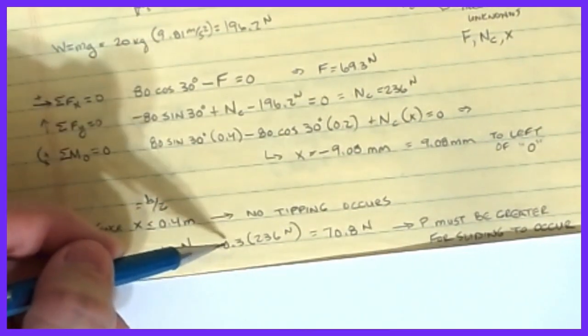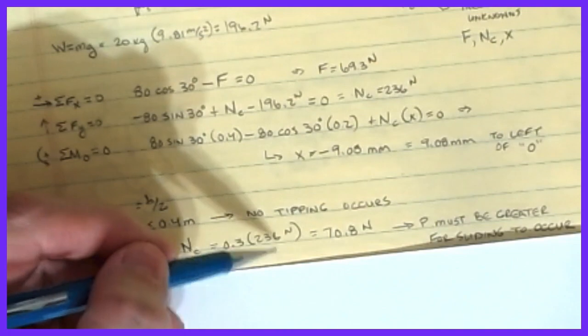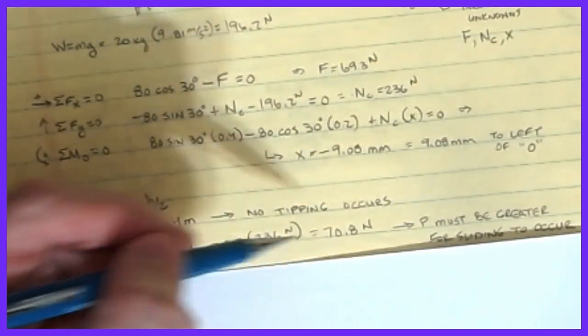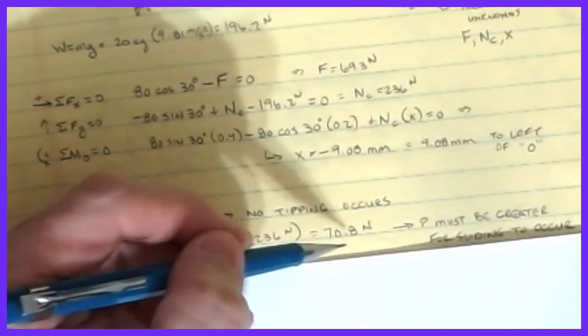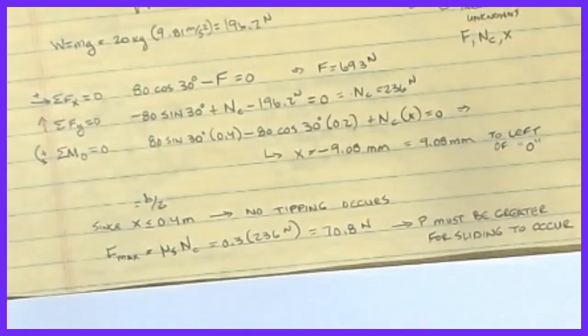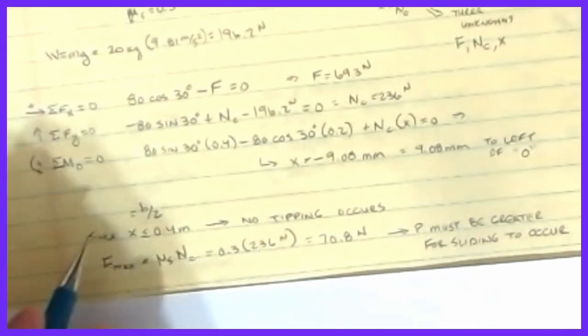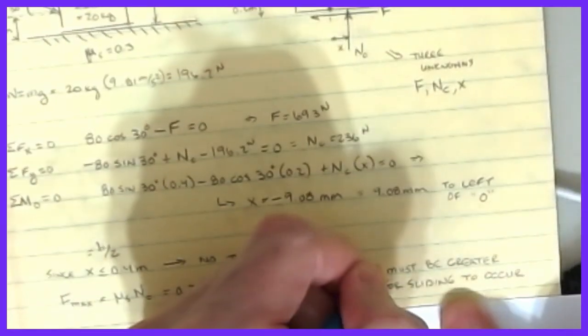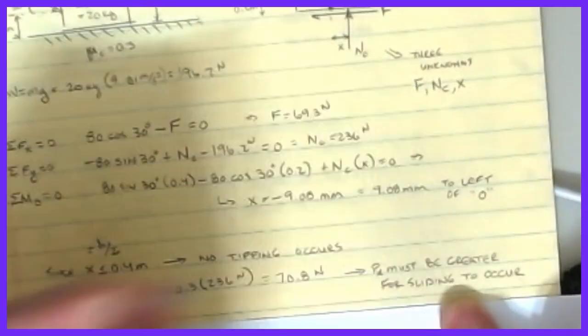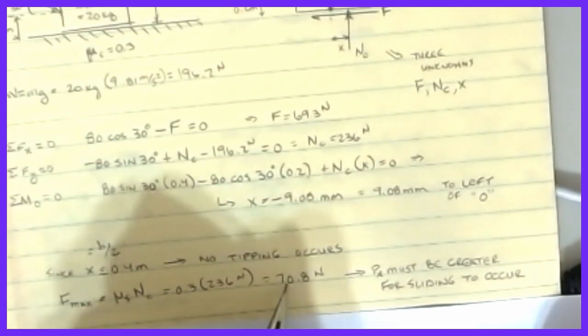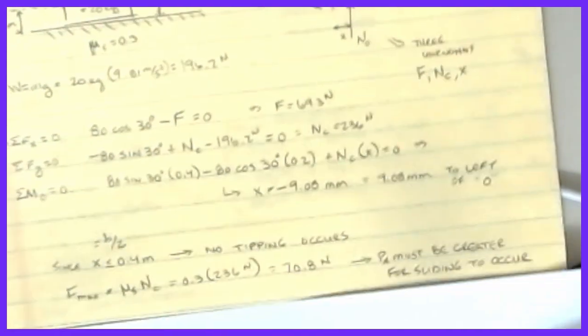So if I take my coefficient of 0.3 and multiply it by the 236 NC value that we saw, we get a force of 70.8 newtons. And so for us, the horizontal component of that force P, in order to make this slide, must be greater than 70.8 newtons. If we hit 71, I've exceeded the limit. This thing's going to break free and start to slide on its own.